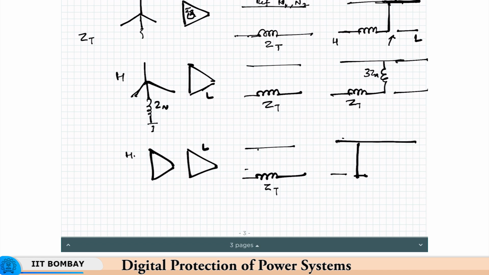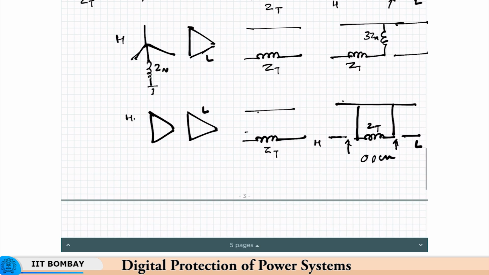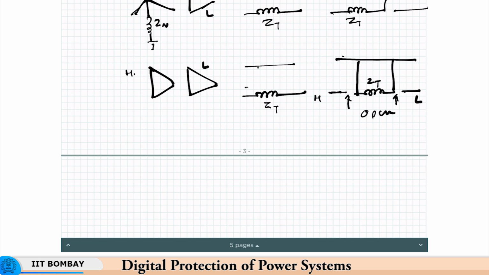However, here there will be a change in the zero sequence. So note that here it is open at 2 points. Okay, this is because no currents can flow in the lines connected to the delta.